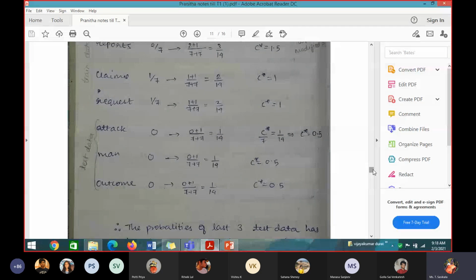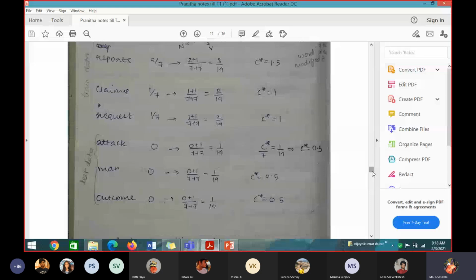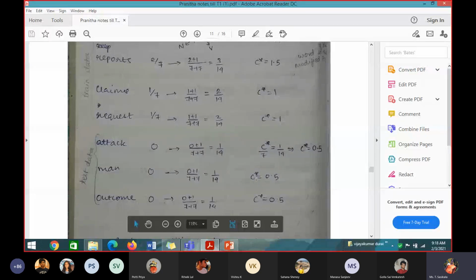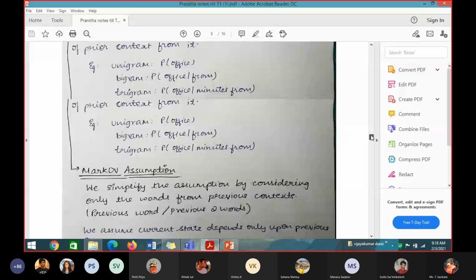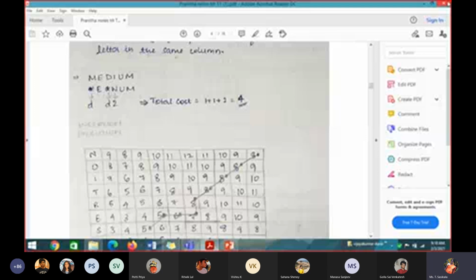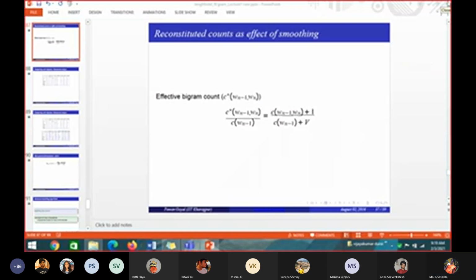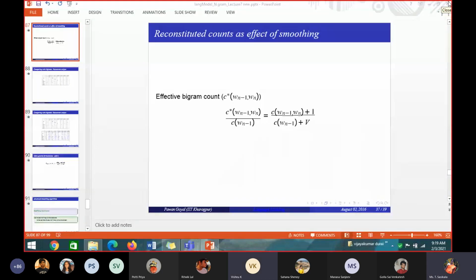Okay, so this is the Laplace technique. I have put this problems page in Teams. Can you tell me what is Laplace smoothing? One more time, last 1 minute is there. Why do we need smoothing? To overcome the 0 problem. That's why, see here, it is written: to overcome the 0 MLE estimate.